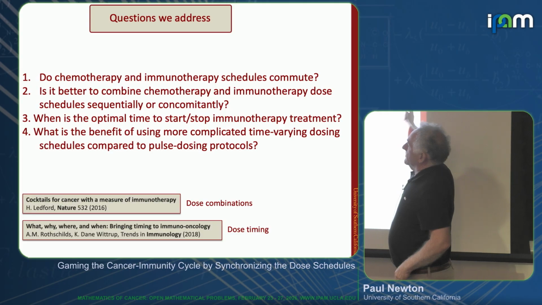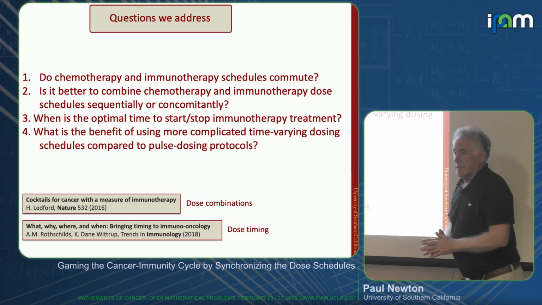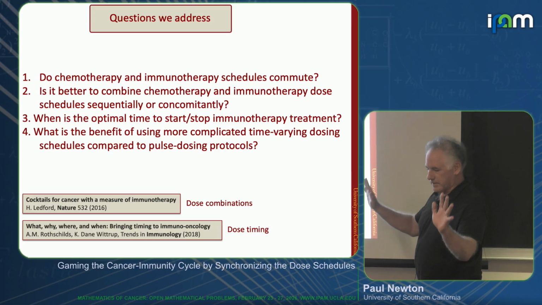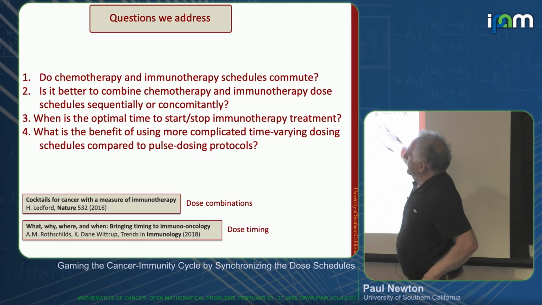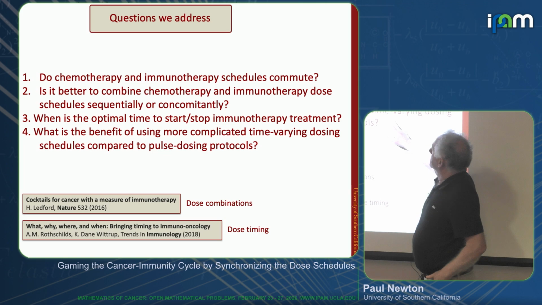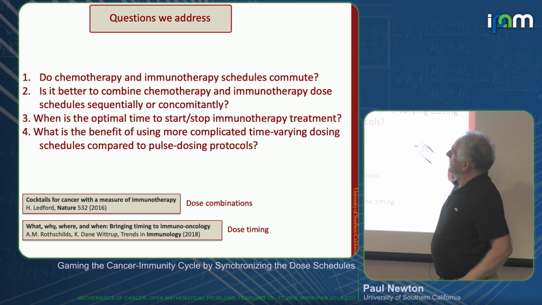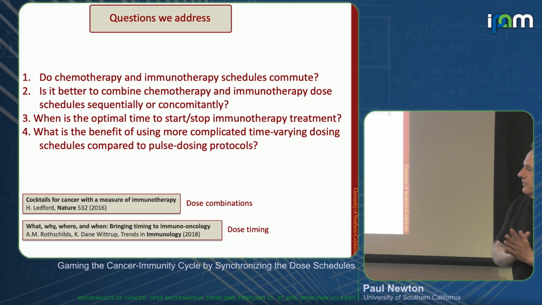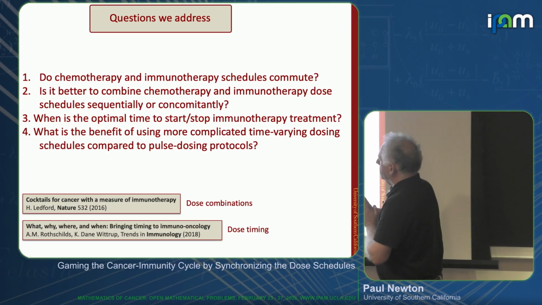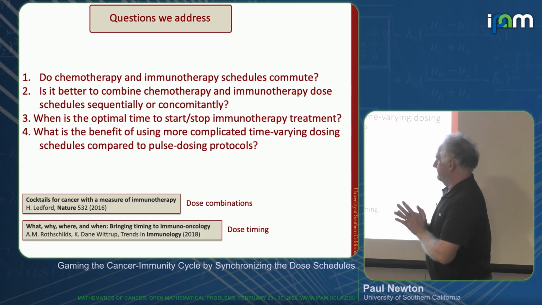When is the optimal time to start and stop immunotherapy treatment? Very, very unknown. What is the benefit of using more complicated time-varying dosing schedules compared to pulse dosing protocols, which is the typical thing? So I'll walk you through some of that.